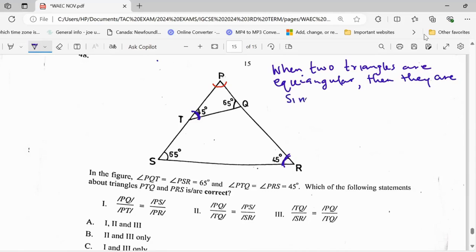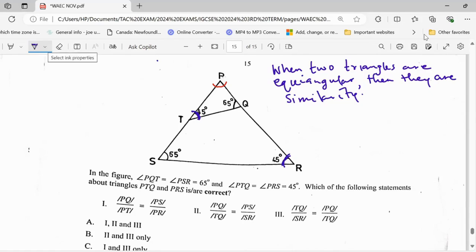So we have established similarity here using this markup. So now, if they are similar, we want to check these conditions, I and II. Which of them is correct? So let's look at I.